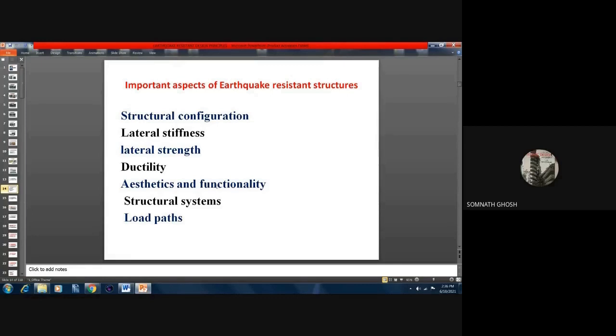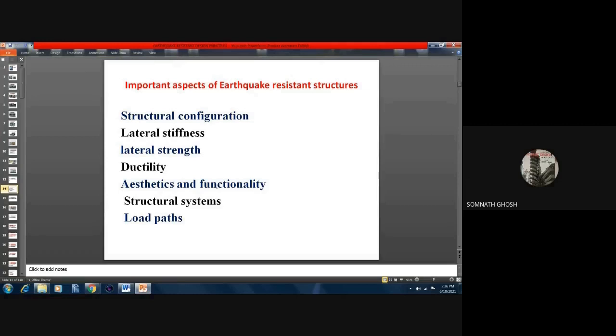Structural system means it may be a totally different structure. It may be a frame structure, and also shear walls are there, right? So I can tell you at least one thing, that whatever you do regarding structural system, you can choose in different ways.